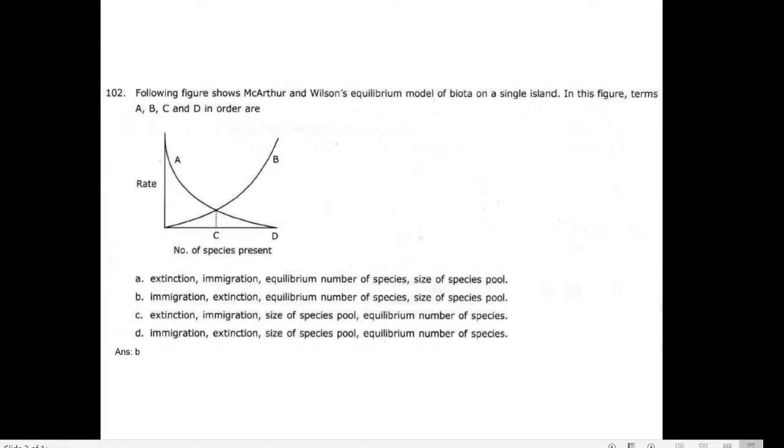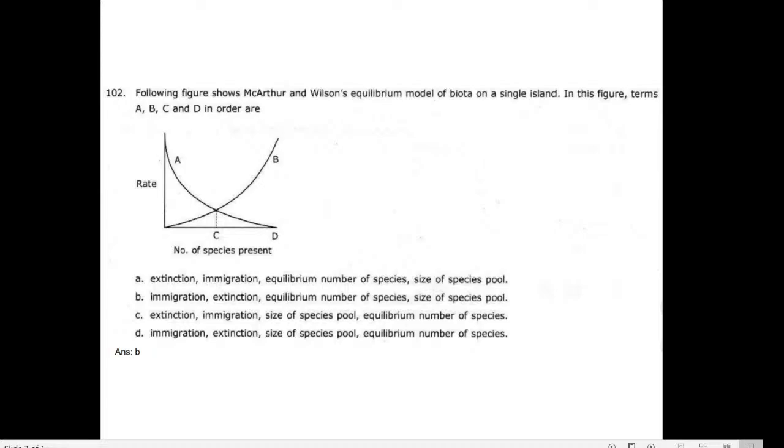Here in this question, the model is the very important thing: the MacArthur and Wilson equilibrium model. As per the model, the number of species present in a particular area, and they lose their population.